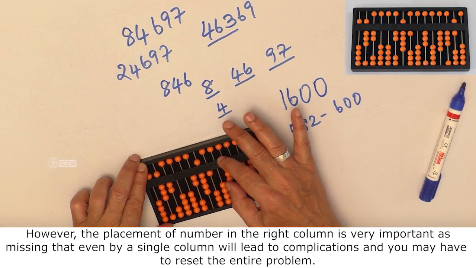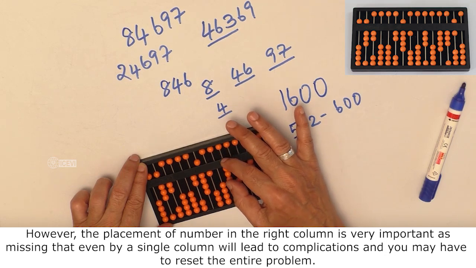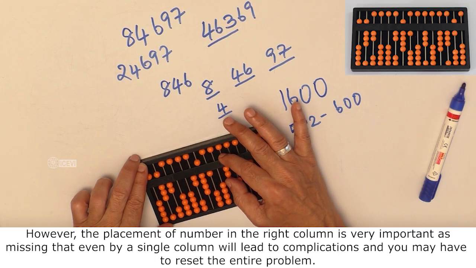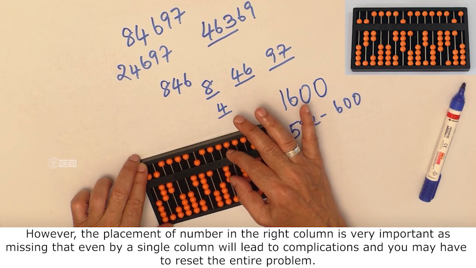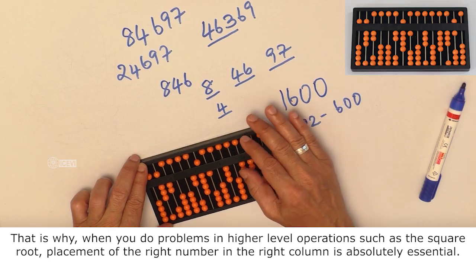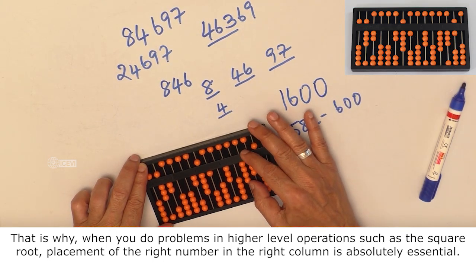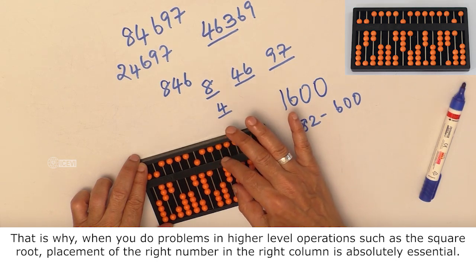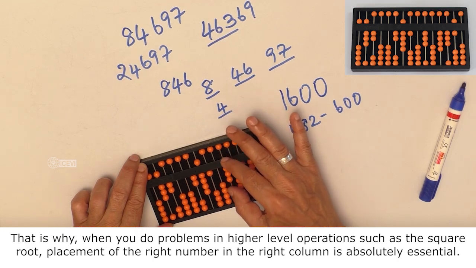However, the placement of number in the right column is very important, as missing that even by a single column will lead to complications, and you may have to reset the entire problem. That is why when you do problems in higher level operations such as the square root, placement of the right number in the right column is absolutely essential.